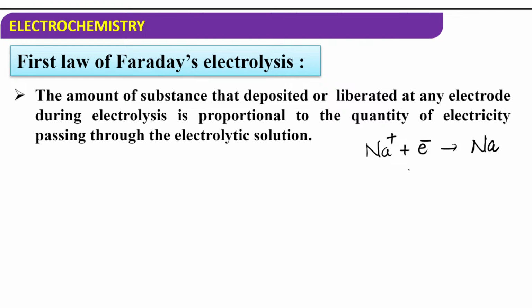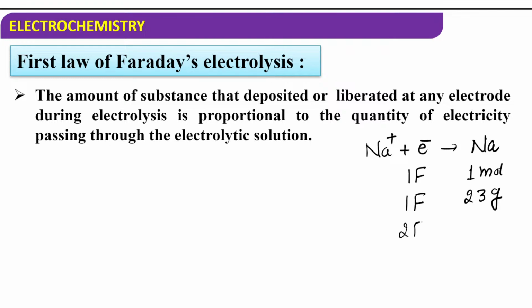That means if we pass 1 Faraday of electricity, that is 1 mole of electron is passed, then 1 mole of sodium is deposited. That means 1 Faraday of electricity will deposit 23 gram of sodium. Why is it so? Because atomic weight of sodium is 23. So mass of 1 mole of sodium is 23 gram.